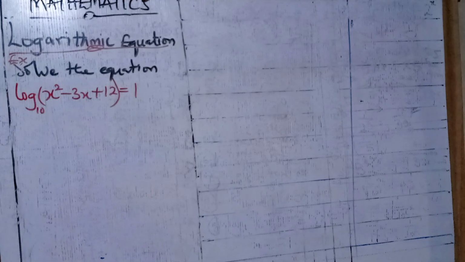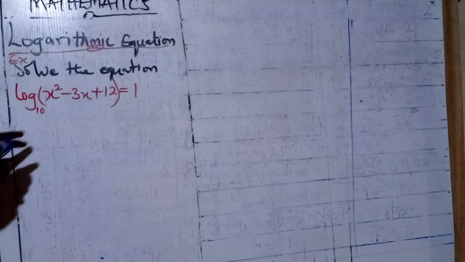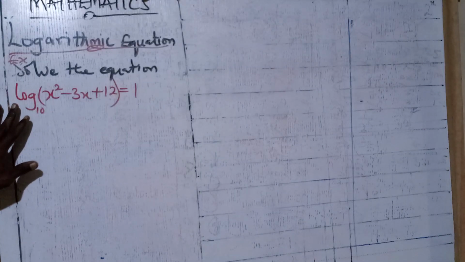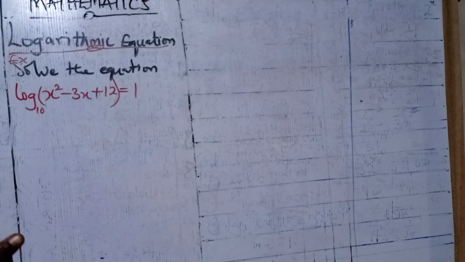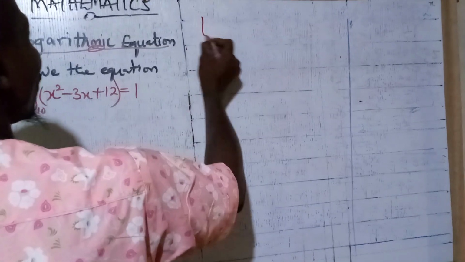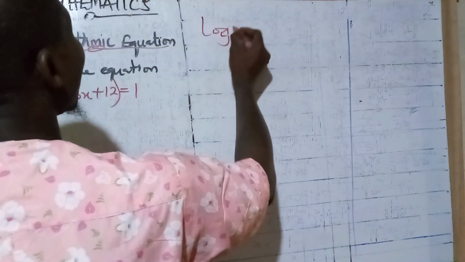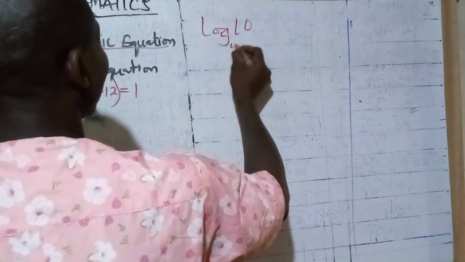Log of s squared minus 3s plus 12, base 10, equals 1. The 1 here simply means that we are working to base 10, which means, remember, in our logarithm that log 10 base 10 equals 1.